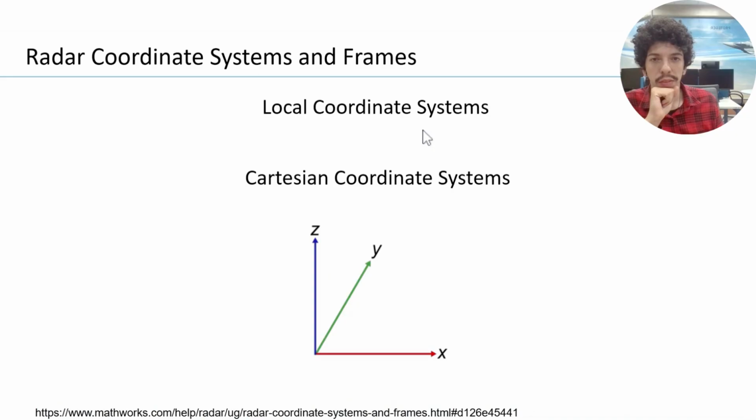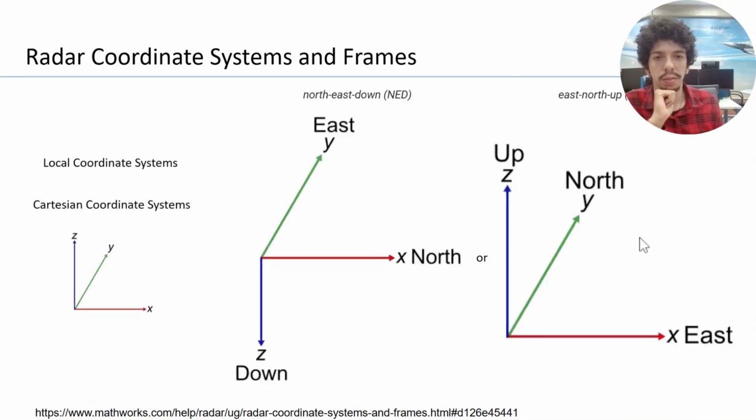And local coordinate systems, this is more simple, named Cartesian coordinate systems, utility 3 axes for 3 dimensions, or 2 axes for 2 dimensions. For 2 dimensions we have X and Y, for 3 dimensions we have X, Y, and Z.